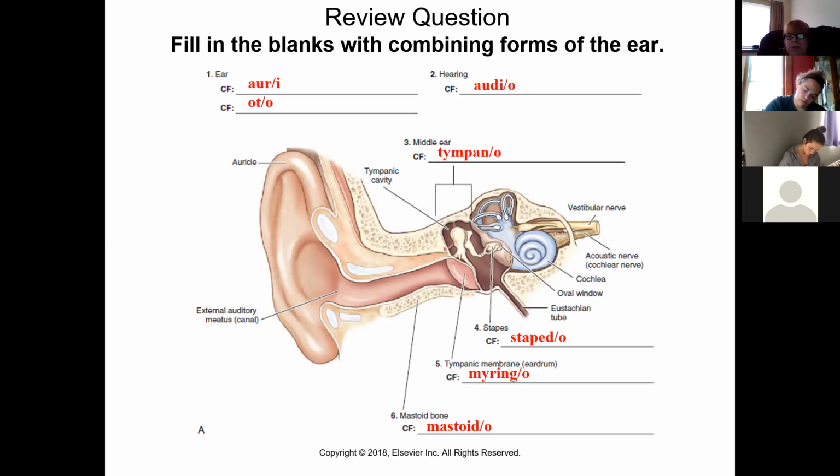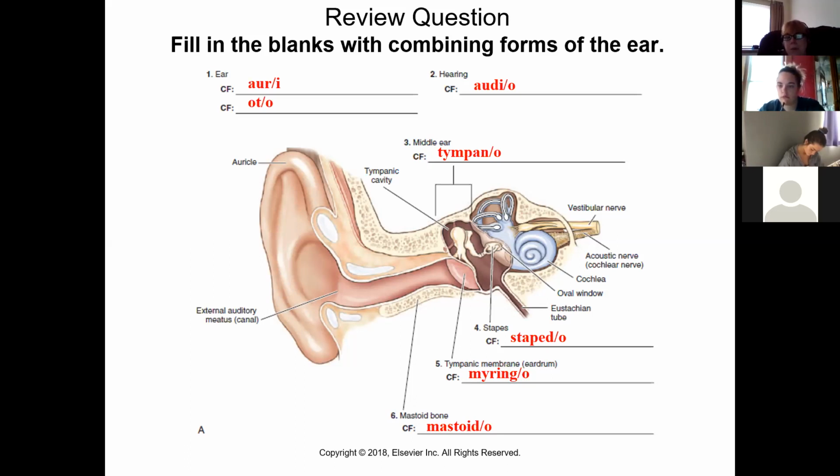So that refers to any of the area with the bones and the eardrum. Okay. The stapes, or the bone called the stapes, is stapedo. And the tympanic membrane is anytime you see myringo, that means you're referring to the tympanic membrane or the eardrum.